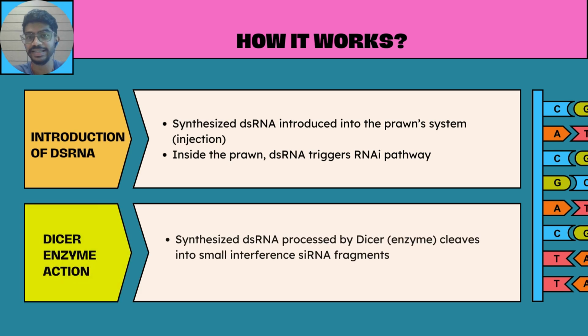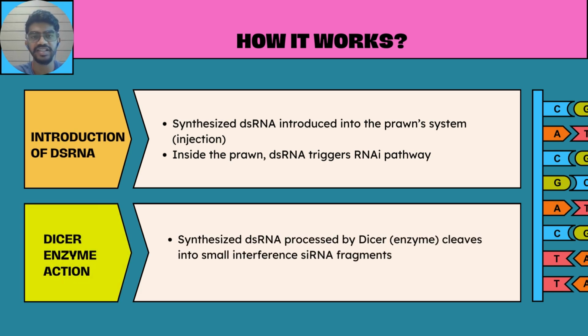The third step is the introduction of dsRNA. The synthesized dsRNA is introduced into the prawn through injection. Inside the prawn, the dsRNA triggers the RNAi pathway. Next is the Dicer enzyme action, where the dsRNA is processed by Dicer, an enzyme which cleaves it into small interfering RNA, or siRNA, fragments.